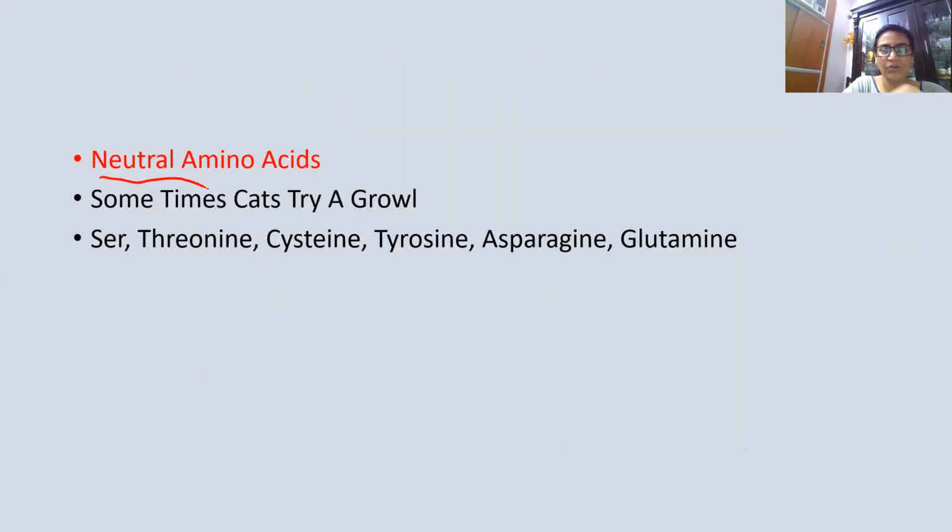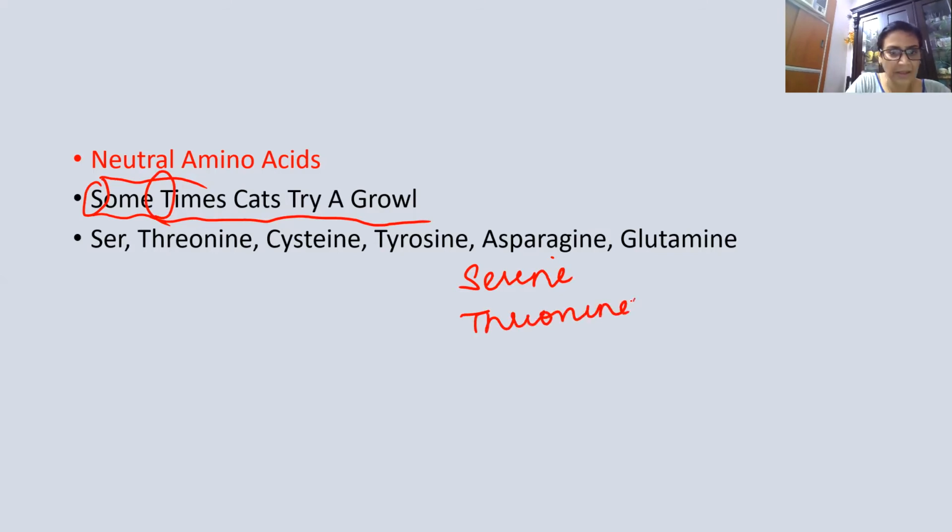Next, neutral. Neutral means they don't show any reaction. Neutral means neutral from everything. So the mnemonic for this is sometimes cats try a growl. It's a funny mnemonic, but it's there. S stands for serine. T stands for threonine. C stands for cysteine.